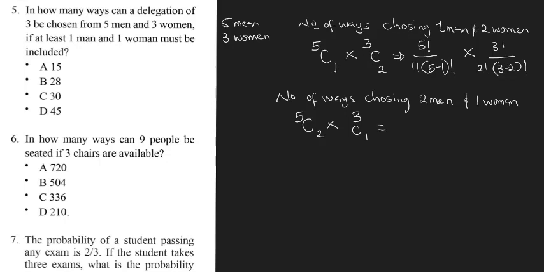And the same thing will happen here. The first one here is 5 factorial over 2 factorial into 5 minus 2 factorial, then times 3 factorial over 1 factorial into 3 minus 1 factorial.